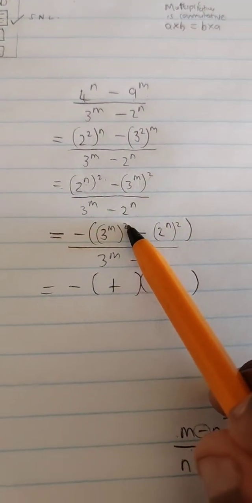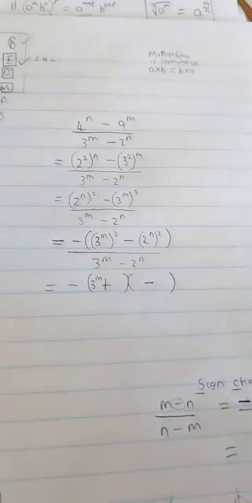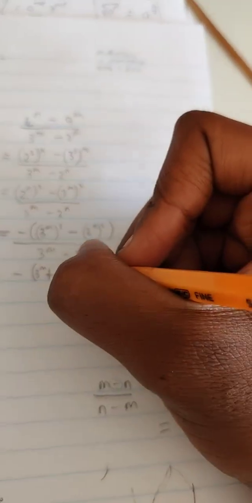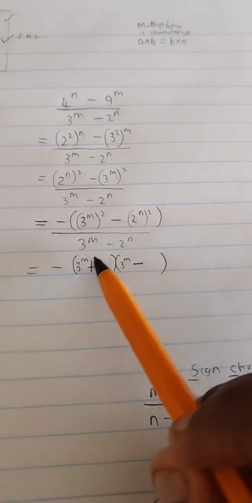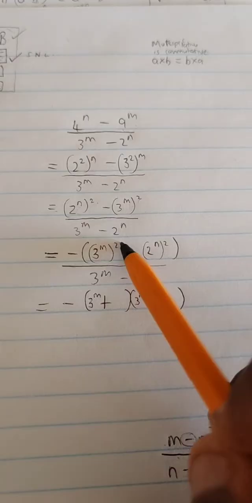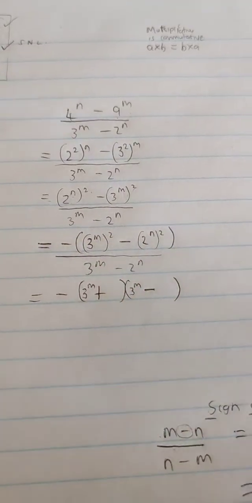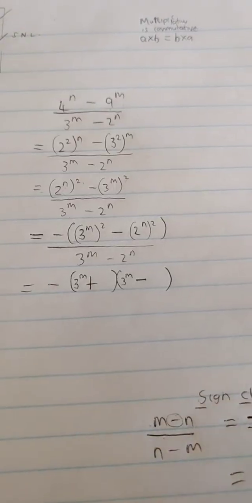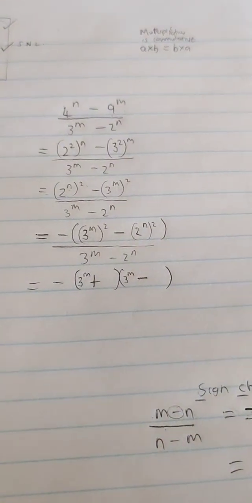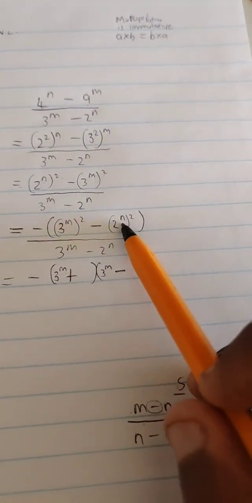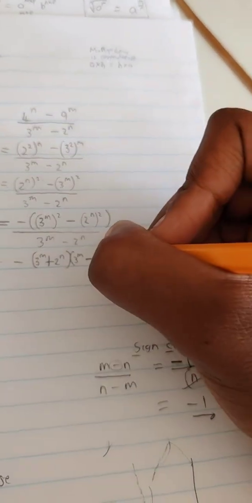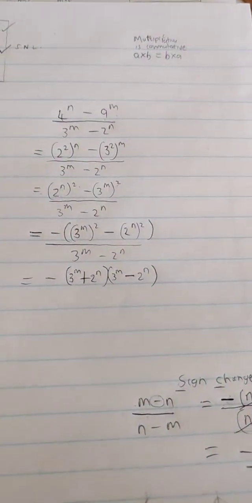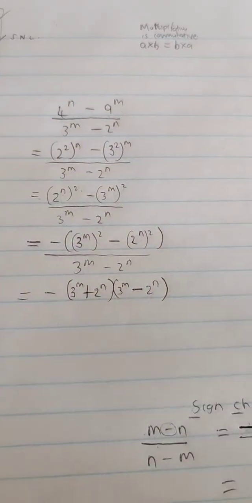The square root of 3 to the power m squared gives us 3 to the power m here, and another 3 to the power m, because the multiplication of 3 to the power m by itself gives us back 3 to the power 2m. Then 2 to the power n times another 2 to the power n gives us 2 to the power n squared.